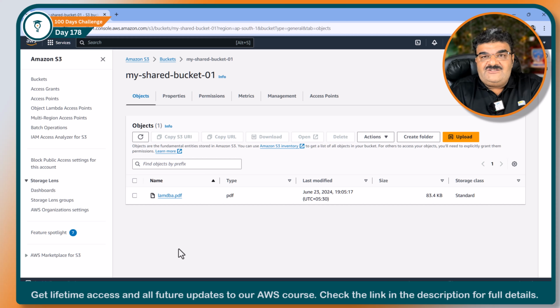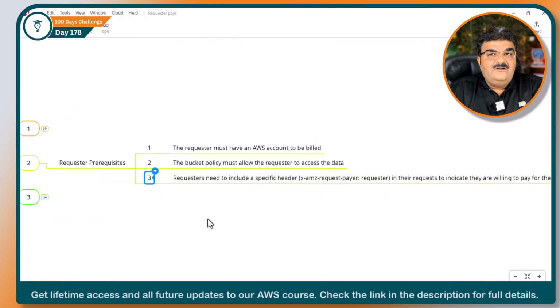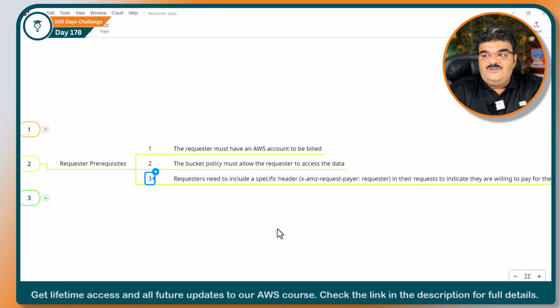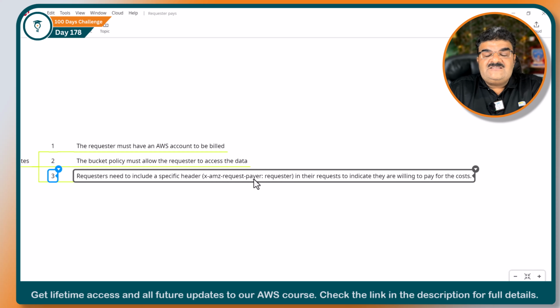Now after this, if you are saying to me that I have to pay a bill for this download, then why should I pay? You cannot do it like this. Why? Because if you are going to download any object from a bucket which has the Requester Pays option enabled, you have to add this particular option in your URL.